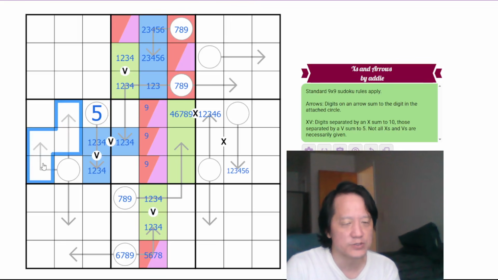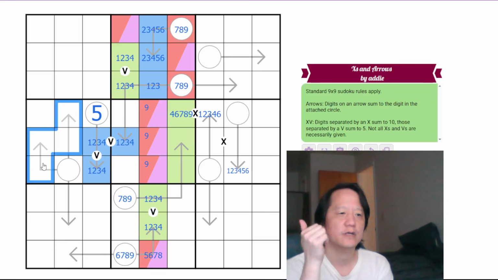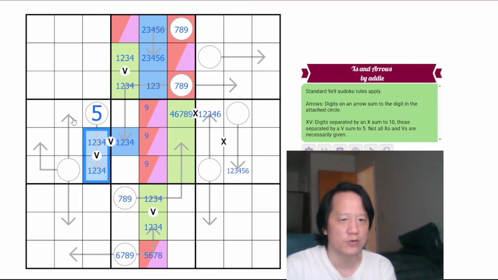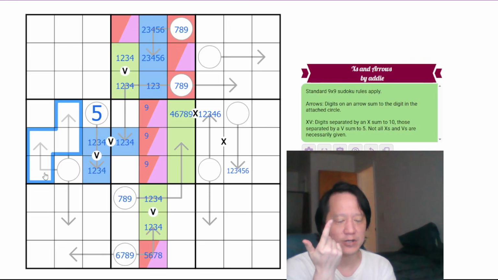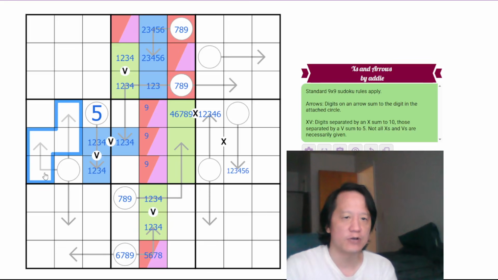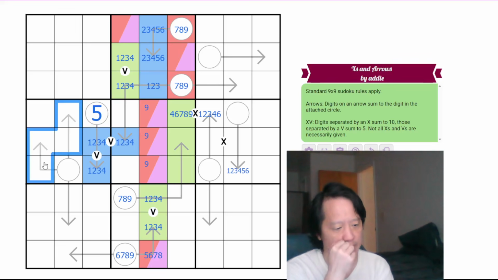What's the minimum this could be? Well, either we're missing 1, 4 here or 2, 3 in this box. So that means the other 1, 4 or 2, 3 would be there at minimum. So that's 5, 1, 4. Then we don't have 5 available in this box, and we have 6, 7, 8 available.